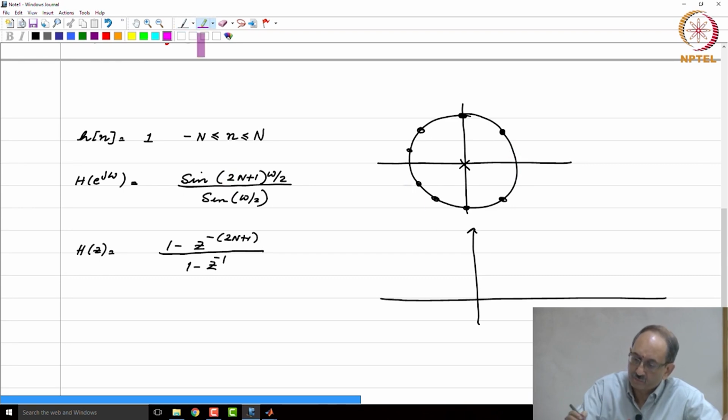If you are here on the unit circle, you will have a certain frequency response, and then when you go towards the first 0, the frequency response will drop, and when you are on the 0, the frequency response at this particular point will be 0, and now you are crossing this. Remember, we are actually plotting H of e to the j omega, which we can plot. There are no issues, because in this particular case H of e to the j omega is this real valued function.